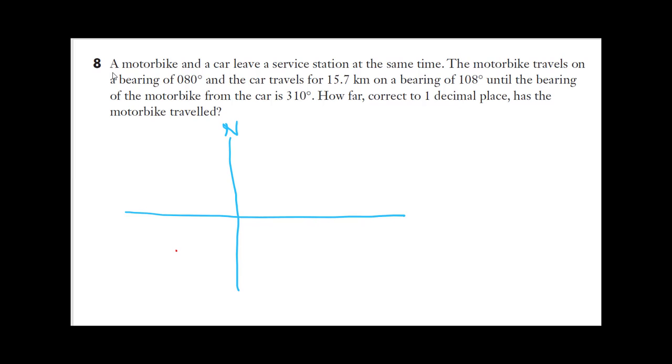So the bike's travelling 80 degrees, so I'm just going to do a dash line there for now. That's the motorbike. The car's travelling a bearing of 108, so that's slightly below 90 degrees.